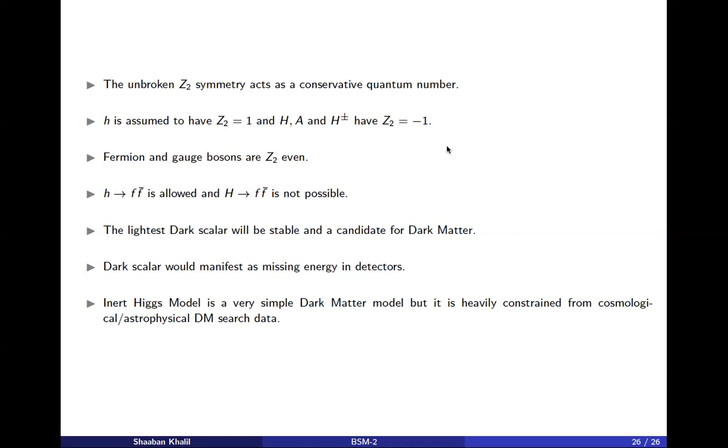Dark scalar would manifest as missing energy because you cannot detect it. It may go out with some Higgs process, the Higgs or H prime, due to the mixing with the alpha parameter, and it appears as missing energy.